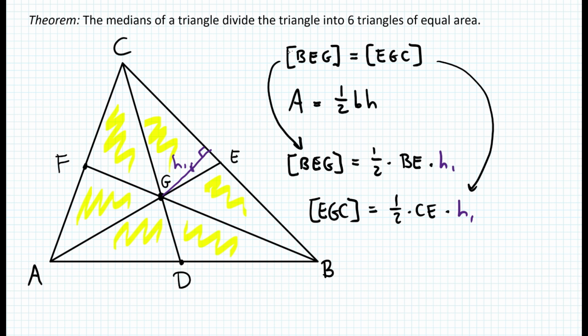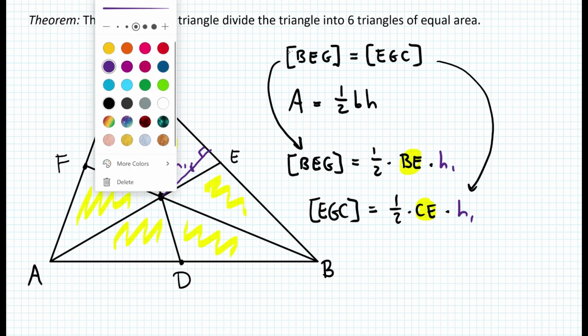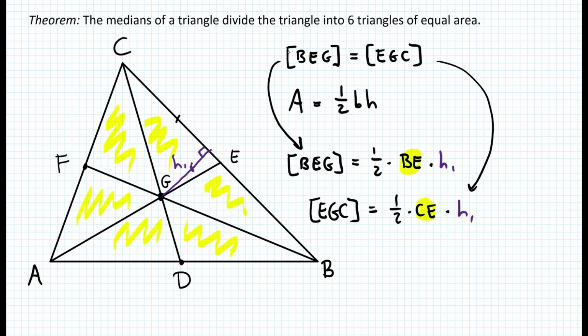So another thing to notice is that these two segments here, segment BE and segment CE, they're actually equal in measure. So we can denote it on the diagram that this and this have to be congruent, right? They're equal in measure. Why are they equal in measure?